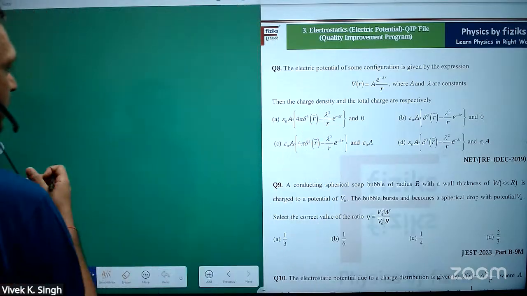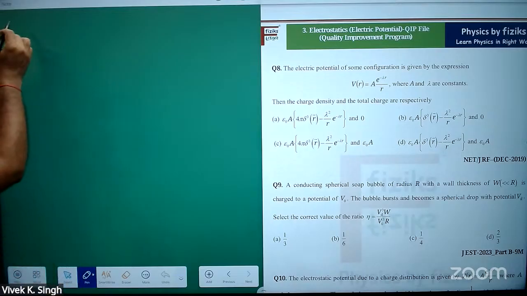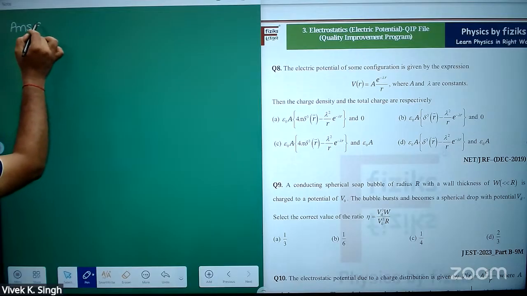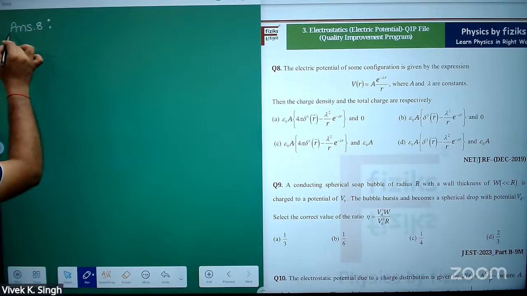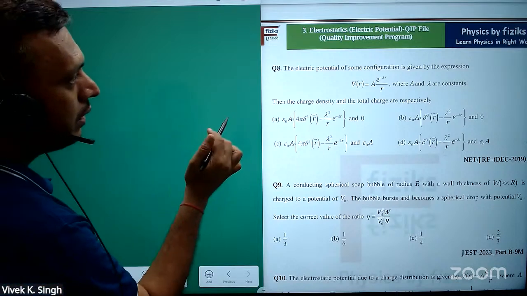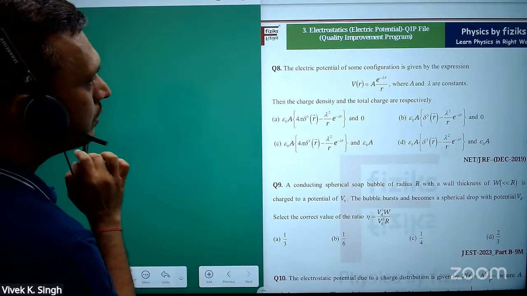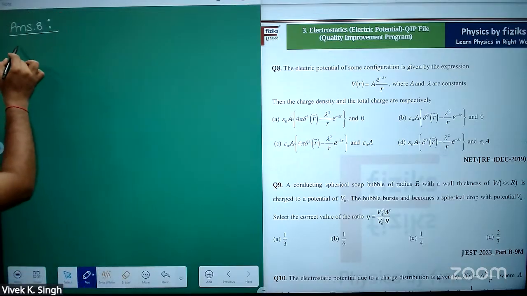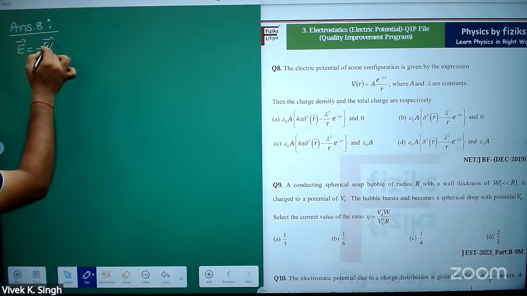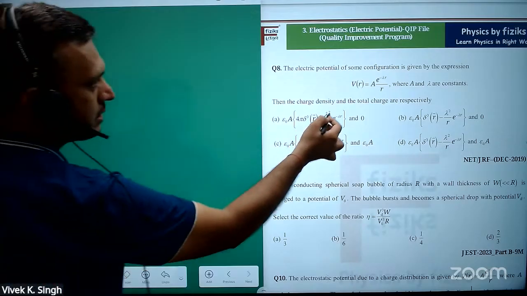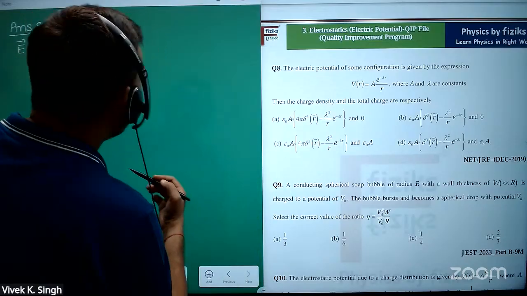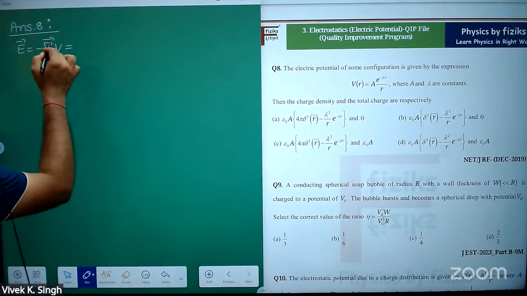Now see question number 8. In this case, E is given by minus gradient of V. Now there is a spherical symmetry, and it is given in terms of R. So what will be the electric field?